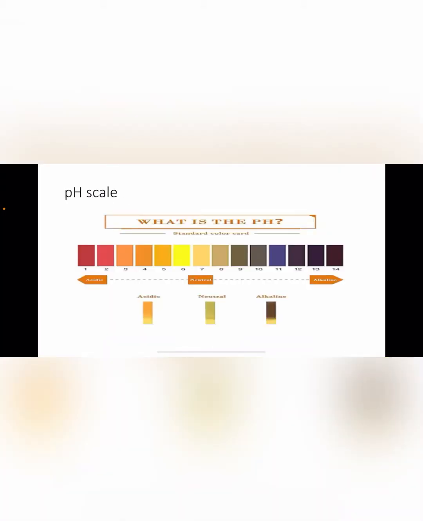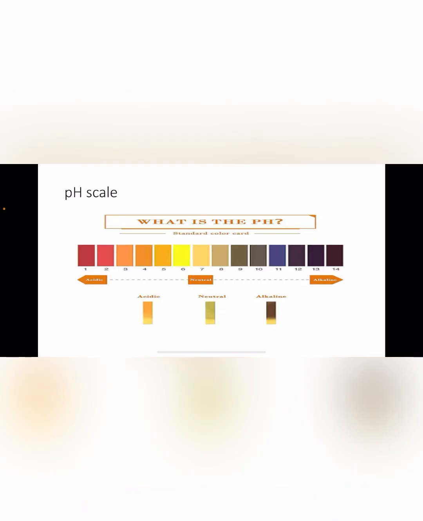So now let's look at the second way to test our solutions. We can use what we call the pH scale. What does pH stand for? pH stands for potential hydrogen.